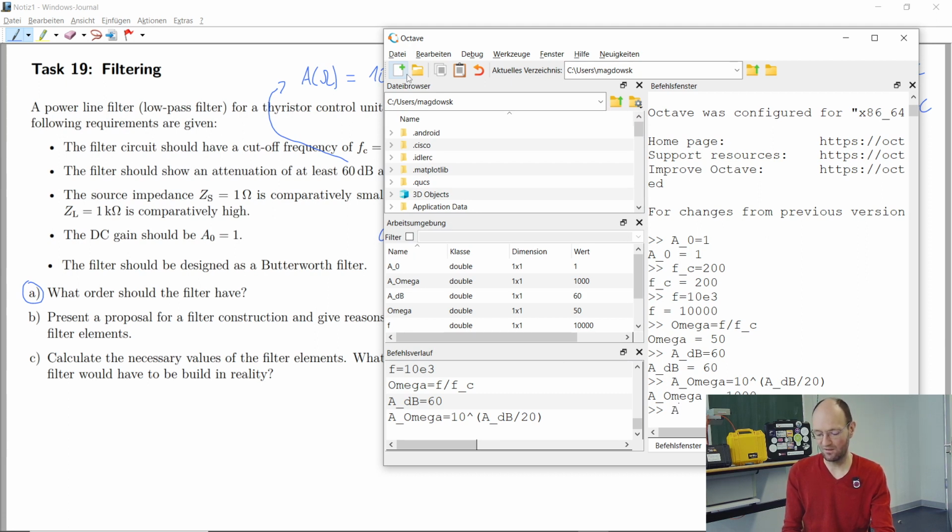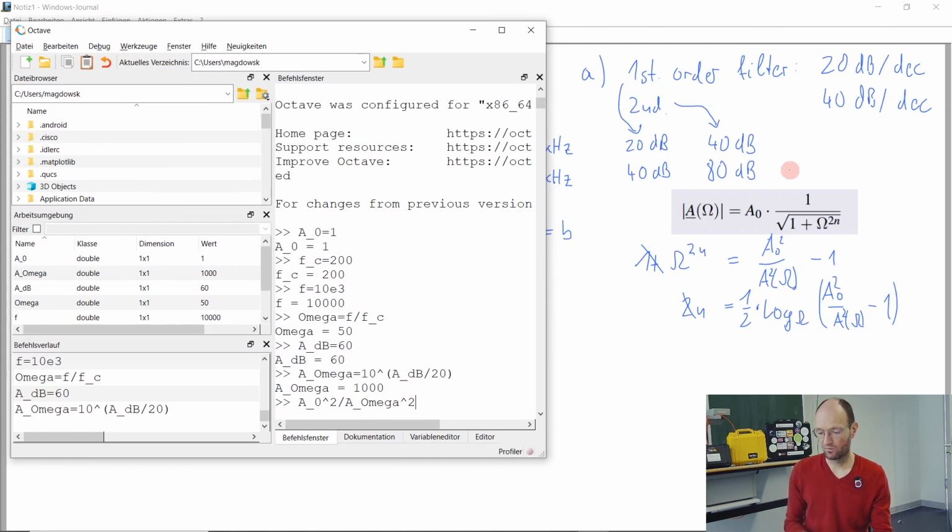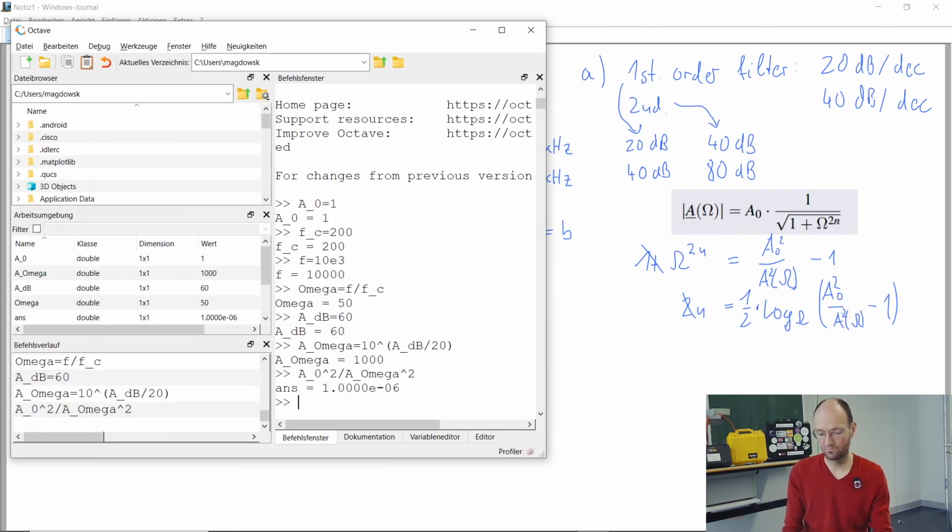And so A0 squared divided by A of omega squared, right, this is what I have here in this formula.